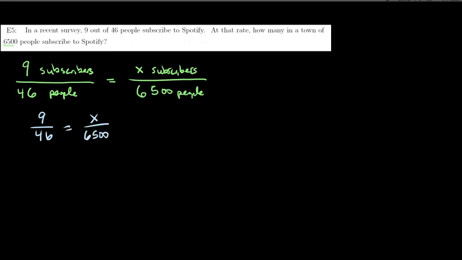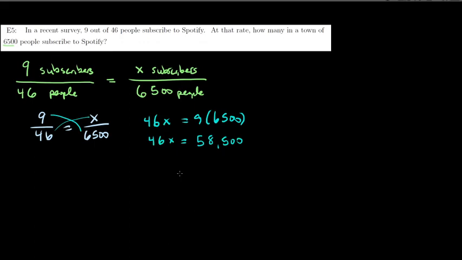And not unlike the previous problem, we just cross multiply. So this is X times 46, or 46 times X, equals 9 times 6,500. Okay. So 9 times 6,500, my calculator says 58,500. And that's still equal to 46 times X.